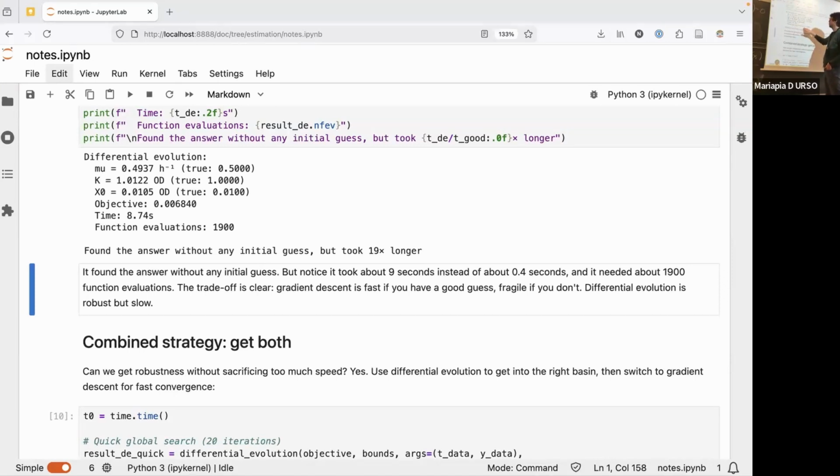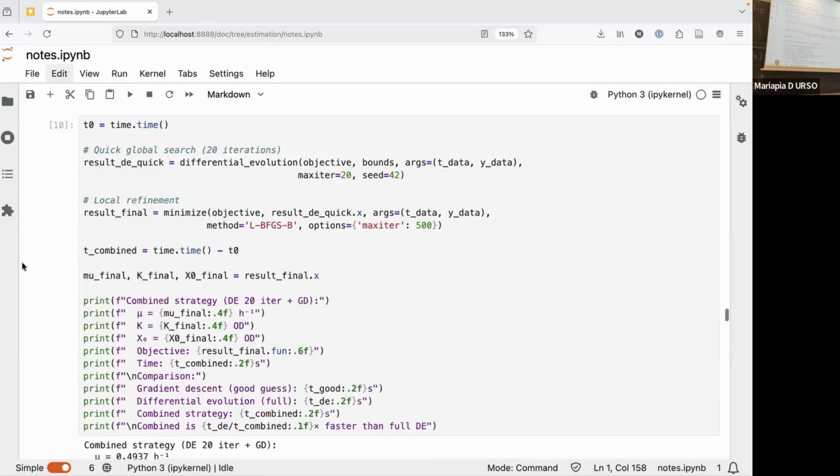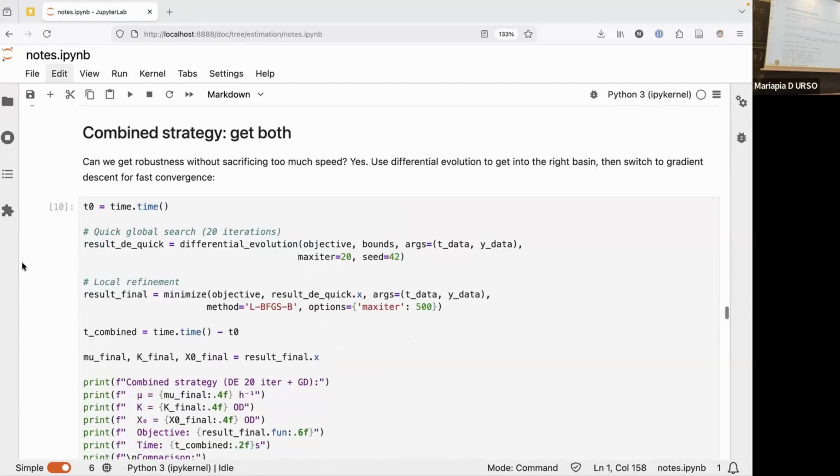And here we see, just for fun, we plotted how often the population, the evolution of this population, had to evaluate the loss function. And here it was 1,900 times. And so this is, of course, where the slowdown comes from, because evaluating the loss function can take some time. Which leads us to this observation that you can have the best of both worlds in some sense, and this is a pattern that you can try a lot when you do optimization problems.